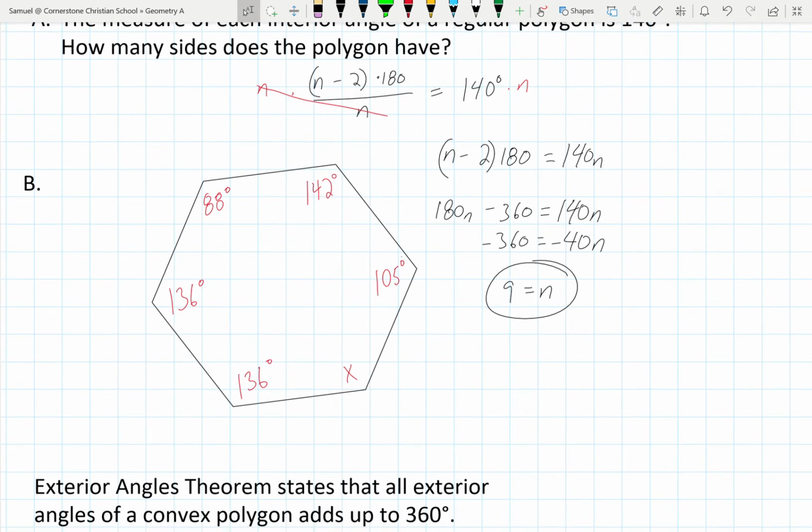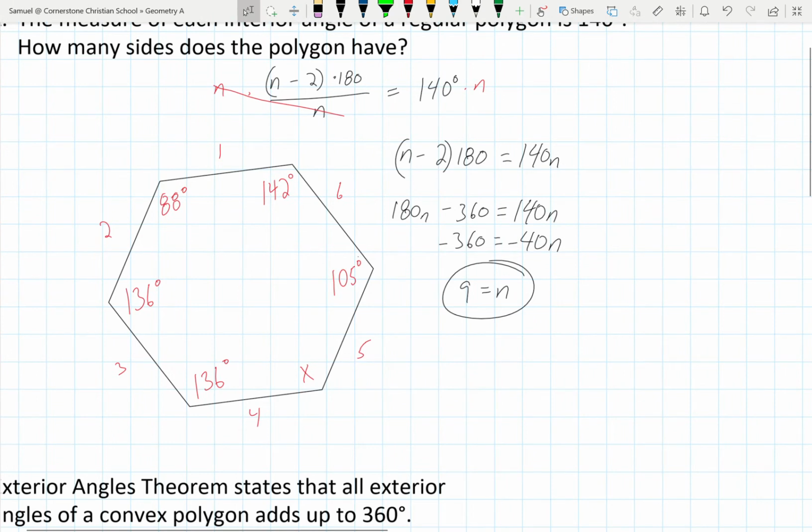Let's take a look at example B. Definitely not drawn to scale, as all these angles appear to be pretty close, but they aren't. We need to figure out what x is. I actually have a drawing this time, so I can see how many sides there are. I have 1, 2, 3, 4, 5, and 6. So what I'm going to do this time is figure out what all of the angles should add up to be.